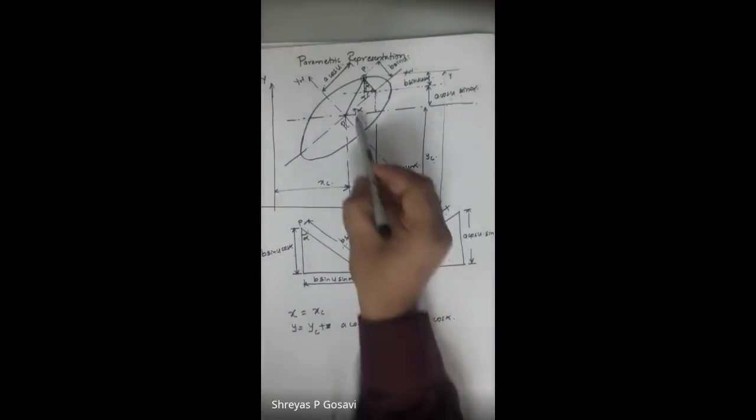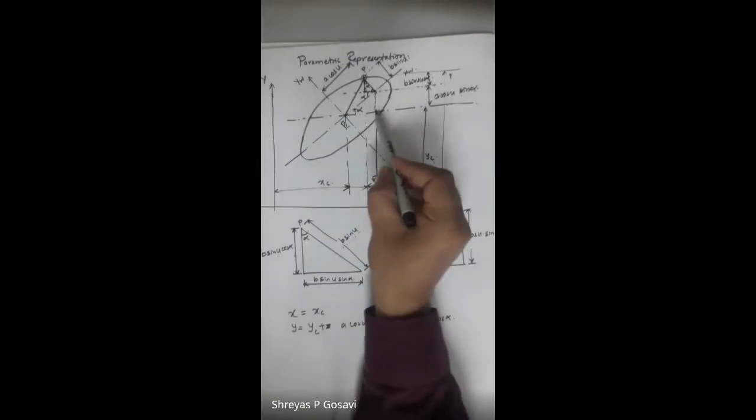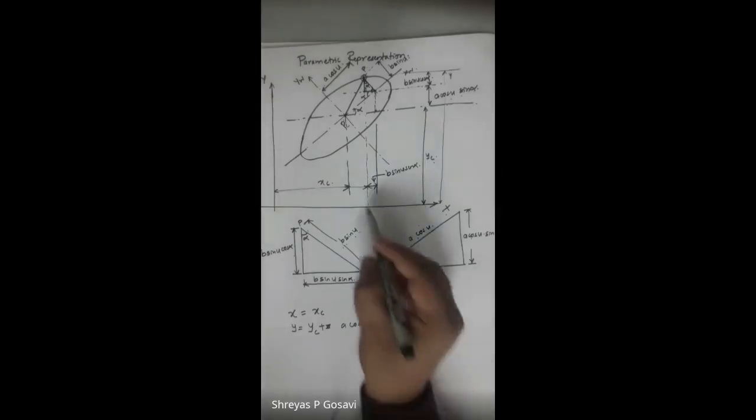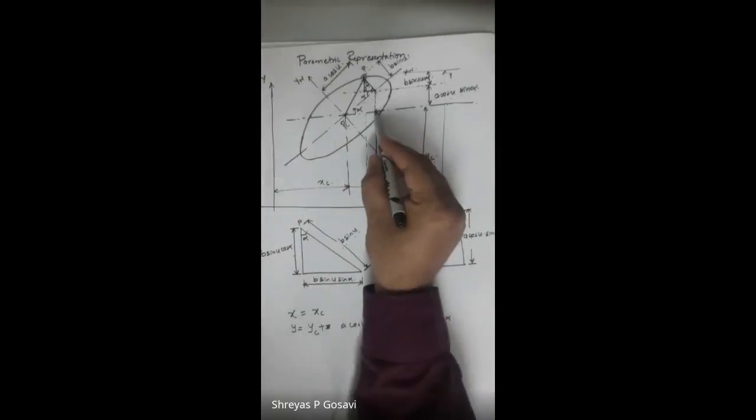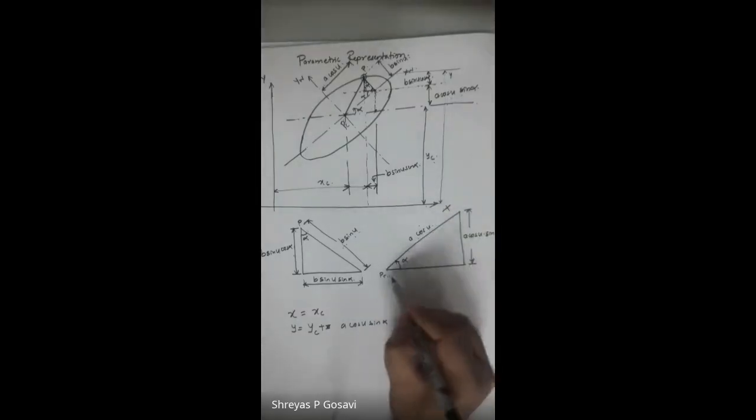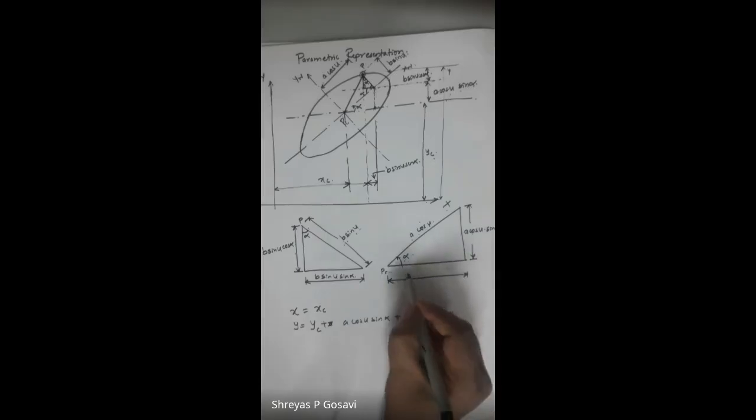Finally we'll determine this distance again from PC till this point. This is the cos of the angle, so this side will be equal to a cos u into cos of alpha.